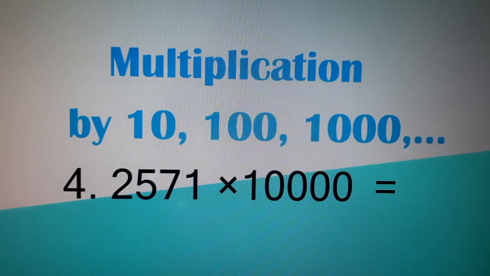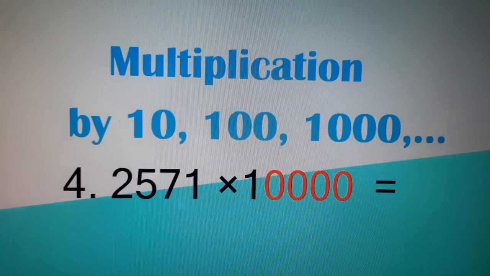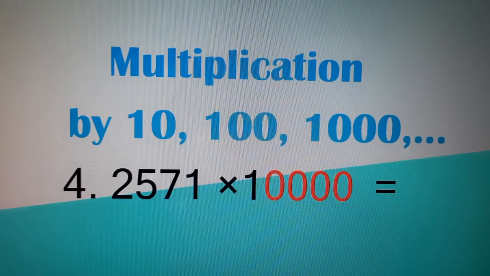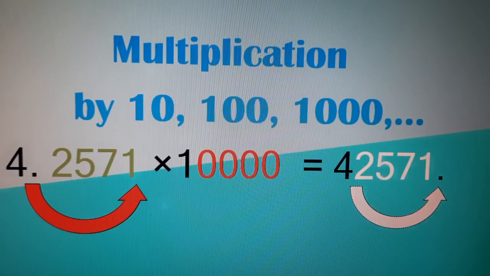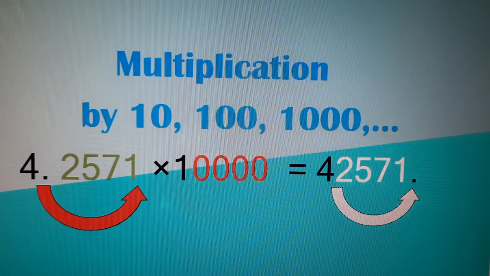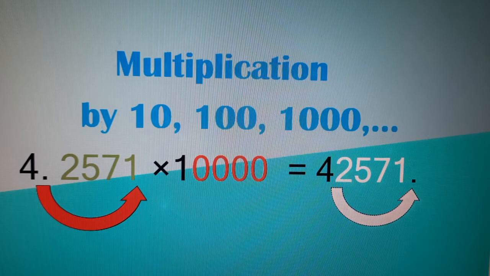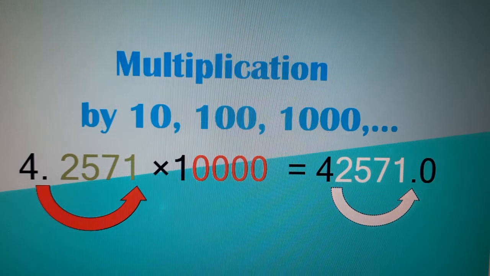Now let's multiply 4.2571 by 10,000. There are four zeros in 10,000. So we move the decimal point four places to the right. Then we get the answer 42,571. Decimal point is after the number.